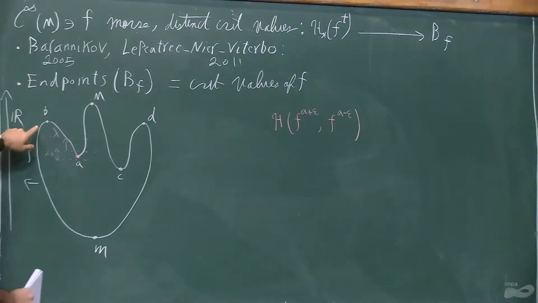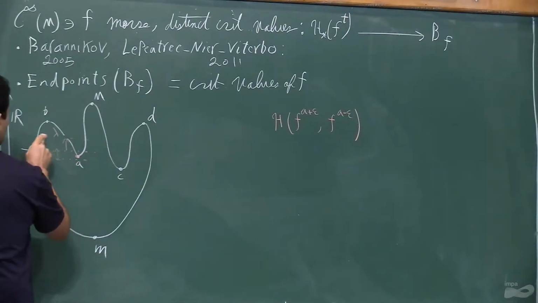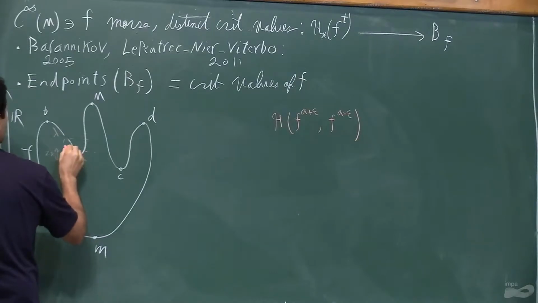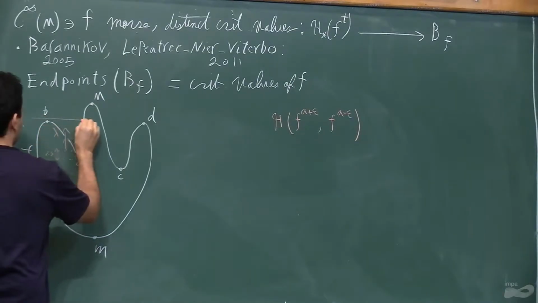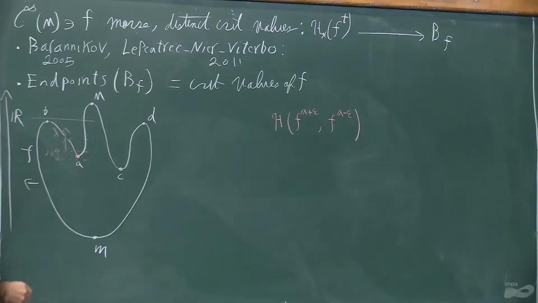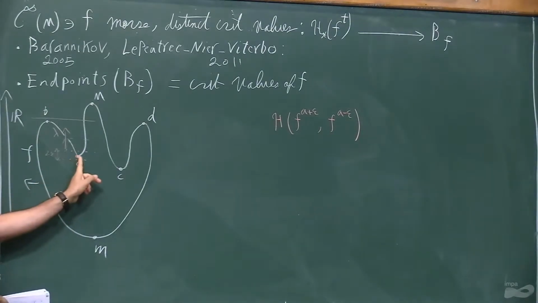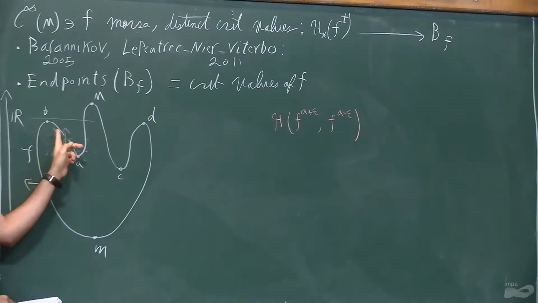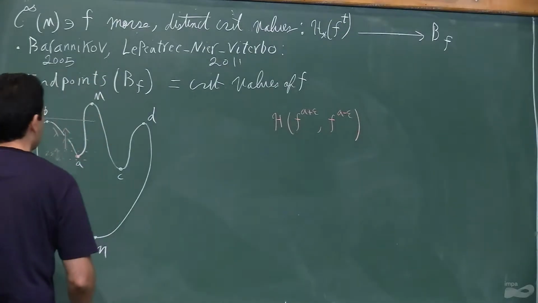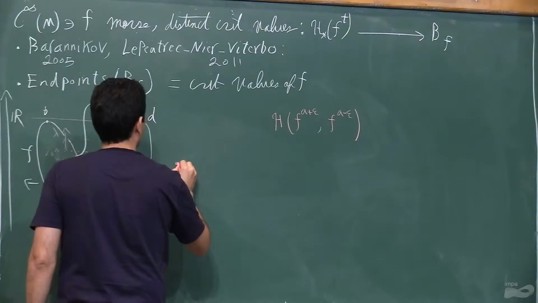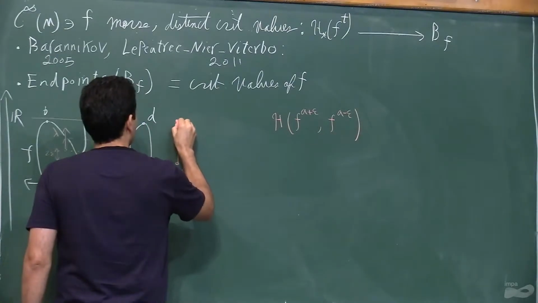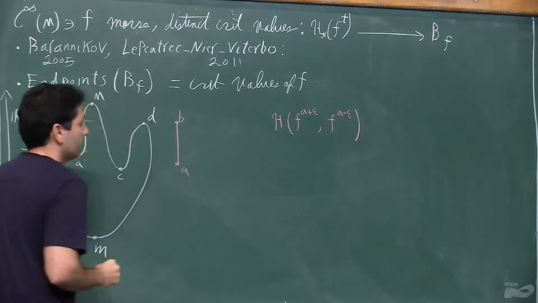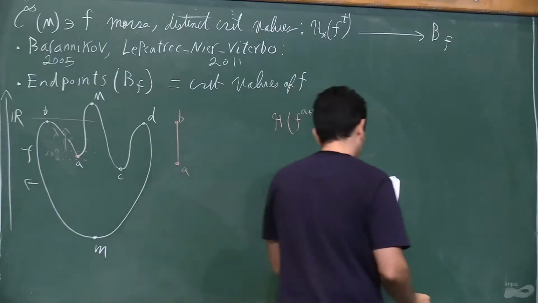As soon as you go past B, something happens: the homology class which was generated by A all of a sudden dies because it comes to the boundary of B. Once this happens, I know I need to draw a bar that starts at A and ends at B.